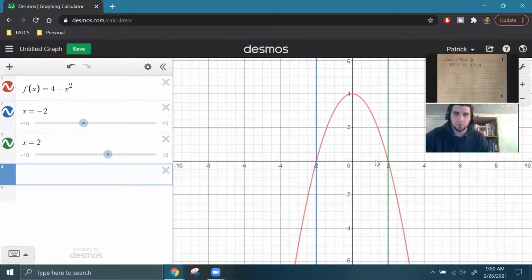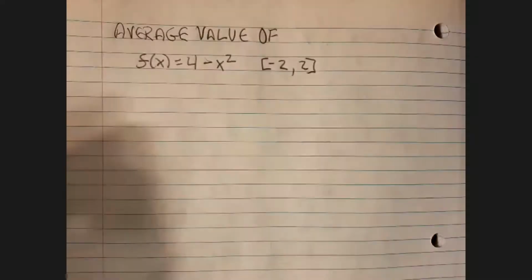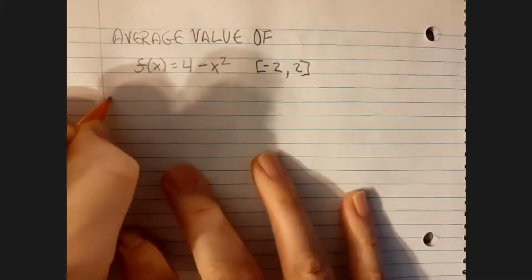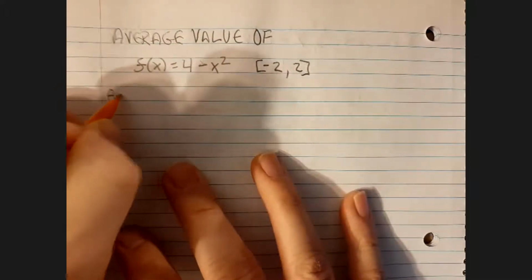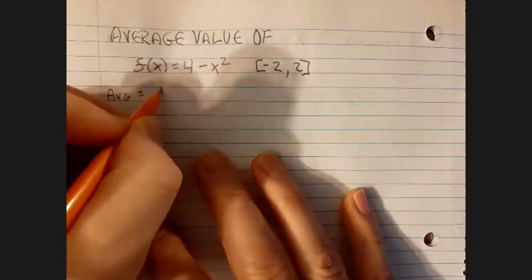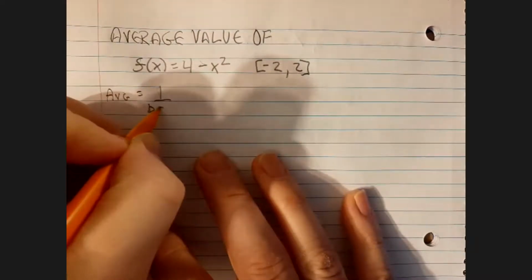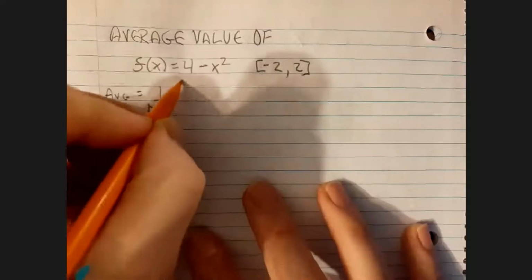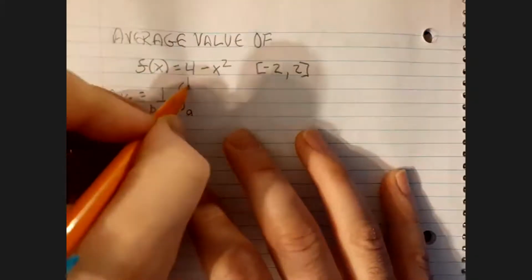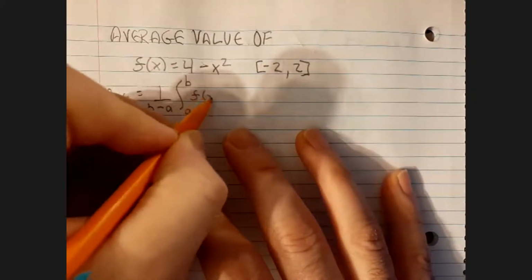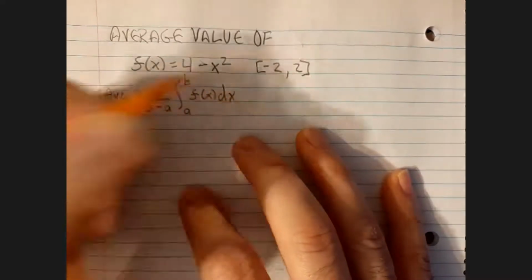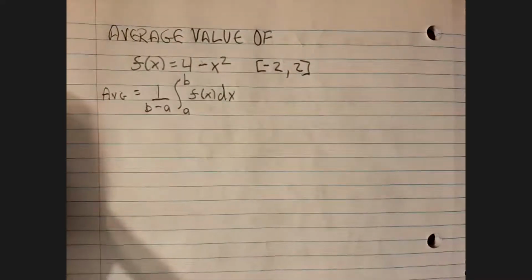Let's go back to our work here and calculate the average value of this function. So I'm just going to put AVG equals 1 over b minus a times the definite integral from a to b of f of x dx. Now this is the general formula for average value.